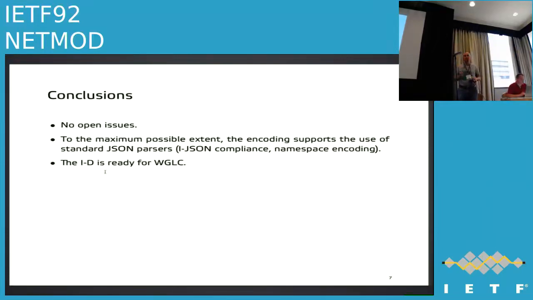Just imagine that YANG was designed for JSON in the first place, so we would have the symmetric problem here. The only problem, as I said, is that it's called anyxml, so it's a misnomer, and it would be appropriate to call it anyjson perhaps, but I don't think it's worth the hassle, because we will probably have in YANG 1.1 anydata that will work for JSON modeled data, which is maybe the most important use case for anyxml these days.